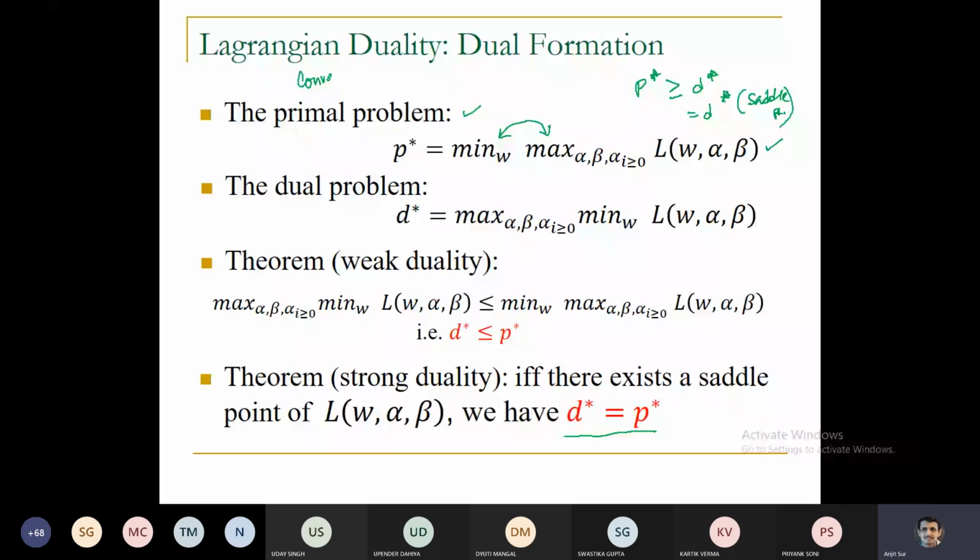The actual proof is beyond the scope of this class, because there is a lot of optimization theory and this kind of material. If you are really interested, these are results we are basically taking from optimization theory.